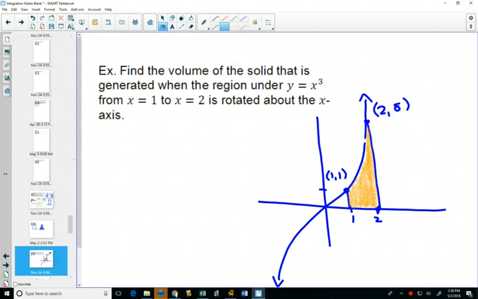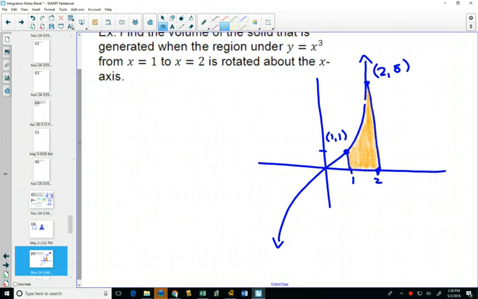There's that area. Now what we want to do with that area, because that area will represent a whole bunch of radiuses, we want to do a revolution 360 degrees around the x-axis.